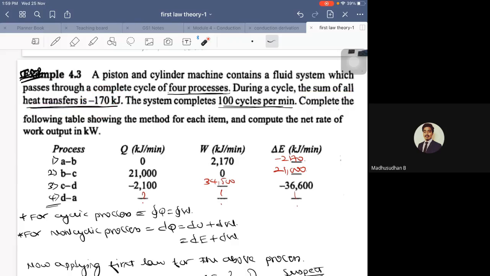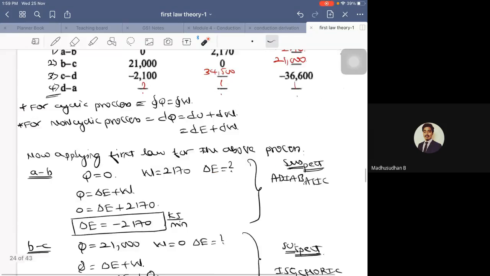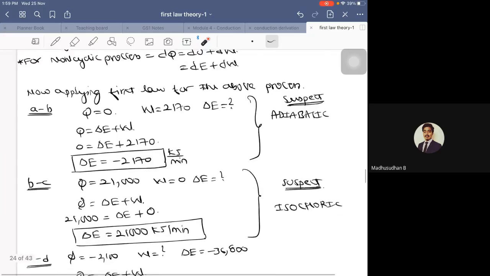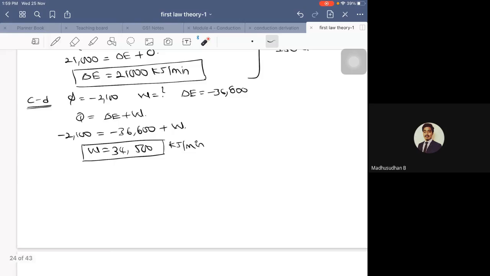I'm using that to calculate the value of Q D to A. So sigma Q of a whole cycle is equal to minus 170 kilojoules. This is the value given in the problem.